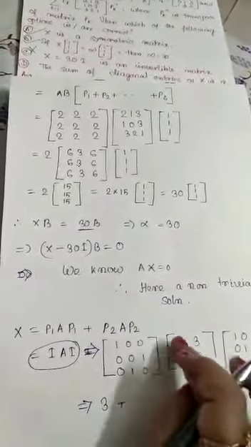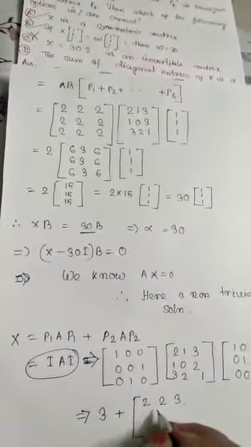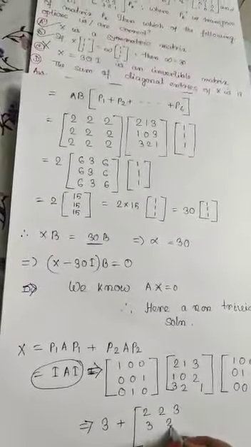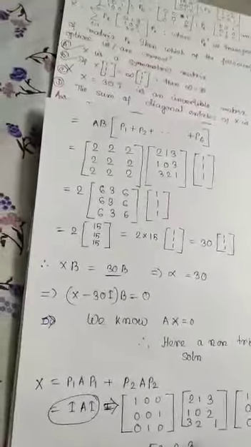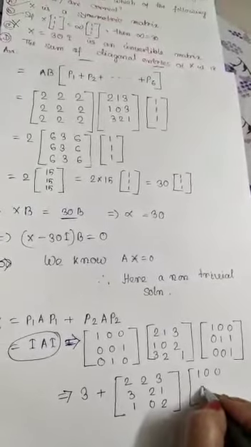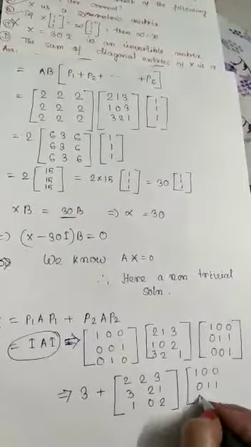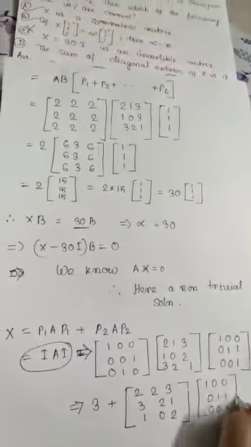Calculating these, second element 2 and 3, 3 2 1, 1 0 2, and it is 1 0 0, 0 1 1, 0 0 1.